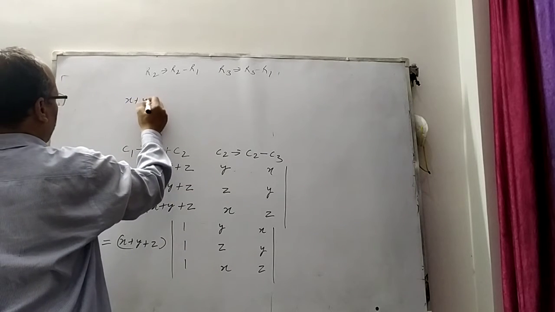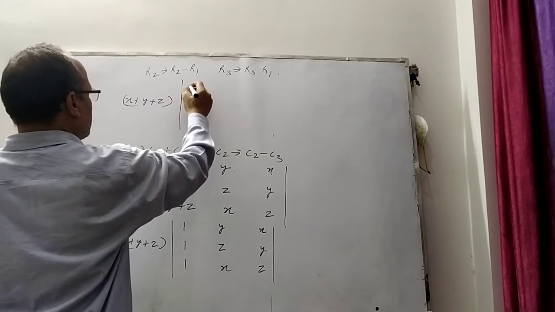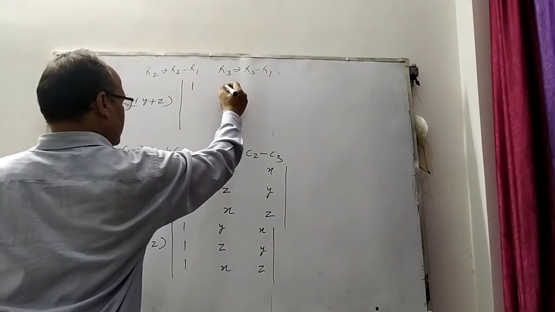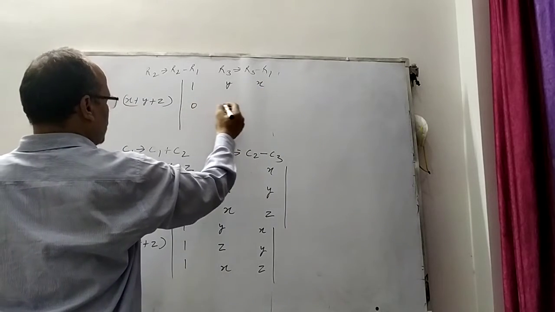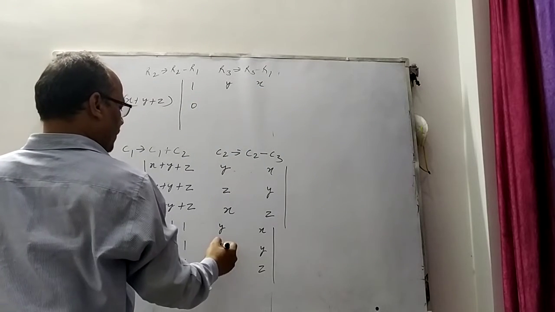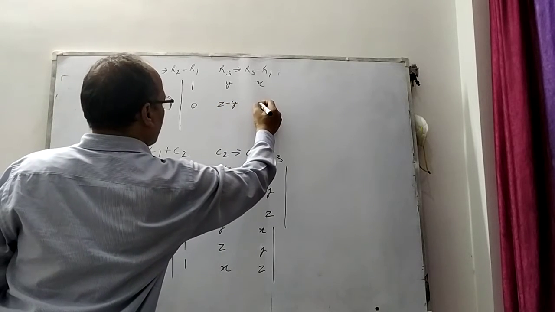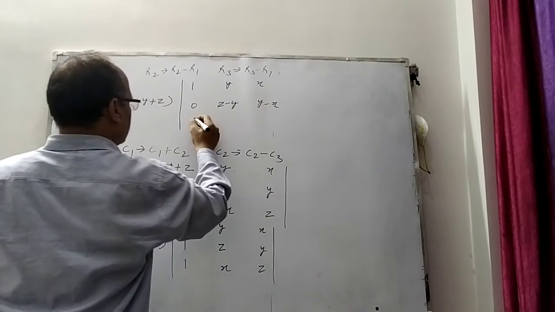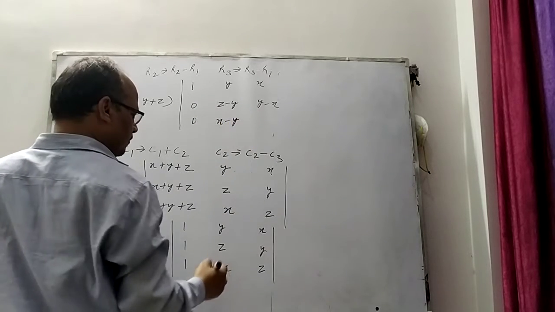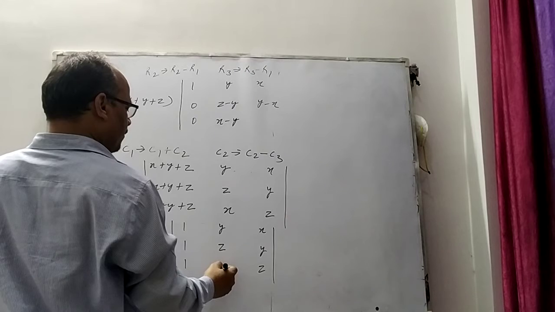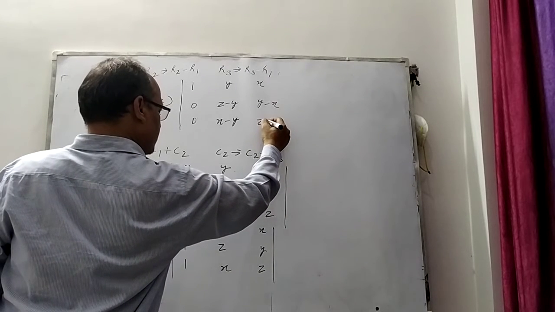Then x plus y plus z is common, and this will be 1, y, x, 0, z minus y, y minus x, 0, x minus y, z minus x.